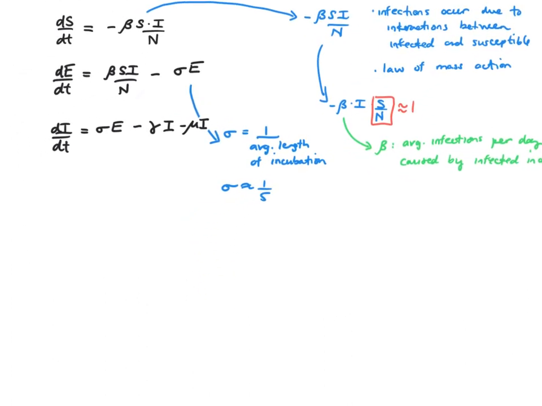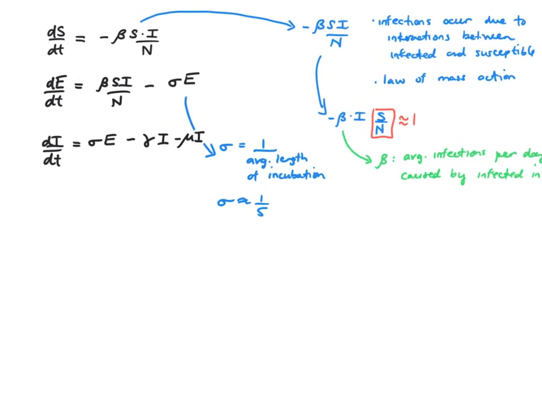So we're going to look at these two components, make sure we understand them. Okay, minus gamma I, that's a flow out, it's a negative value, that's the rate of change of I being negative, so it's losing individuals due to recovery. And this gamma is the recovery rate, which is approximately 1 over the average length of infection.